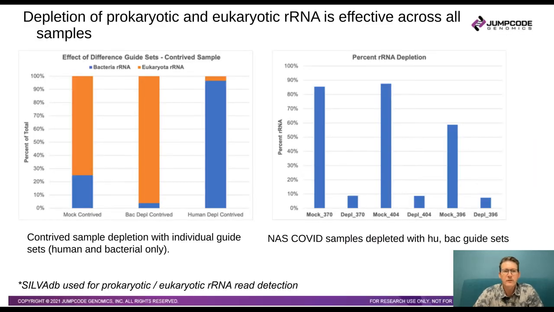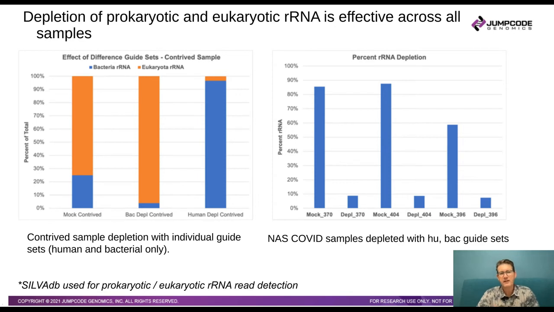So first, using our in-house pipelines to understand rates of depletion for ribosomal RNA, with our contrived sample, which essentially was made up of 50% human RNA, 50% bacterial RNA, and a 0.1% COVID spike-in, you can see here that in the mock sample, the ribosomal RNA originating from human is approximately 75% in the orange bar, and the y-axis is the percent of total RNA. And then the percent of ribosomal RNA coming from bacterial is approximately 25% in the mock sample.